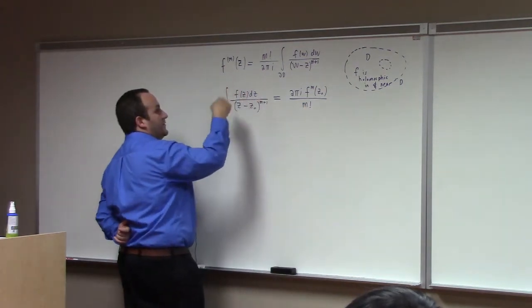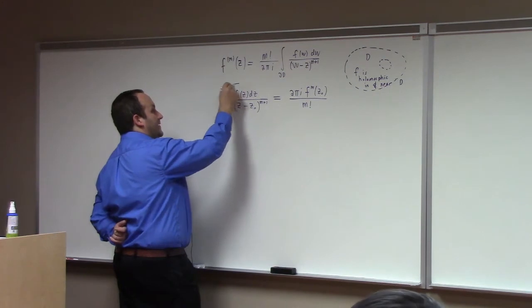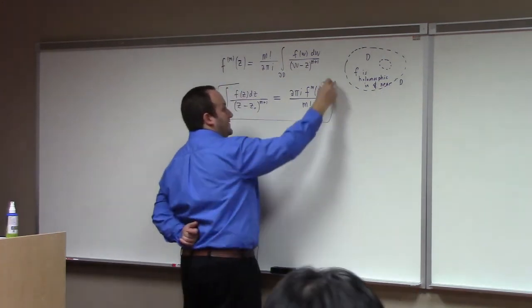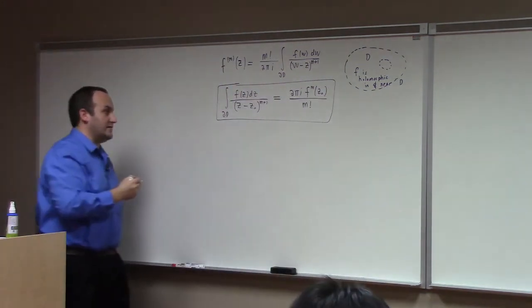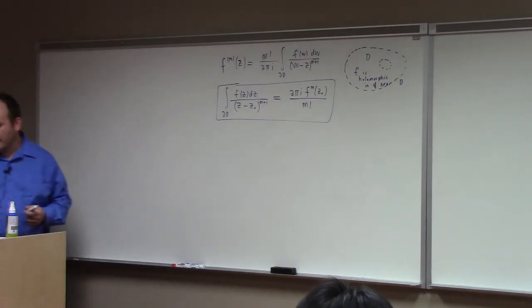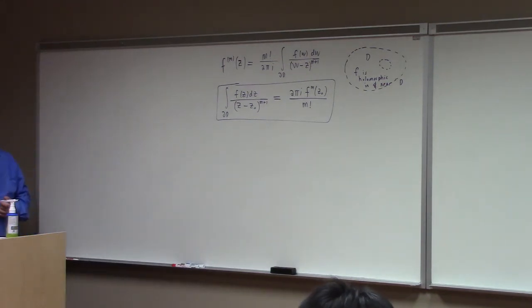I'm changing the meaning of z here. So these are both Cauchy's integral formula, but this is the one we tend to use for calculational purposes. As you're trying to think about applying this to do integrals, that's your go-to.